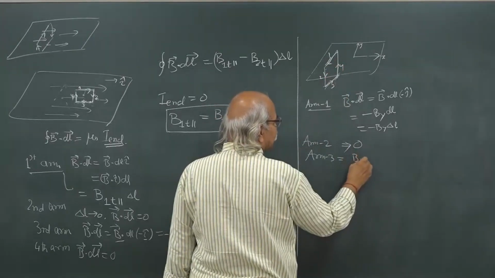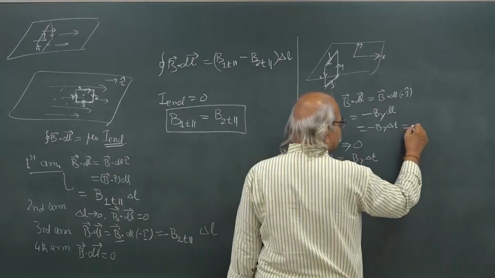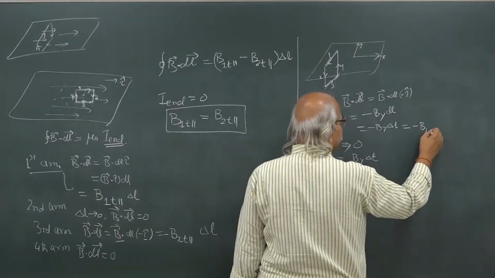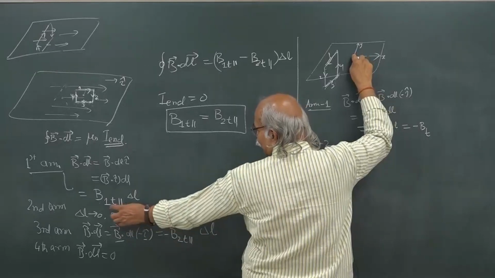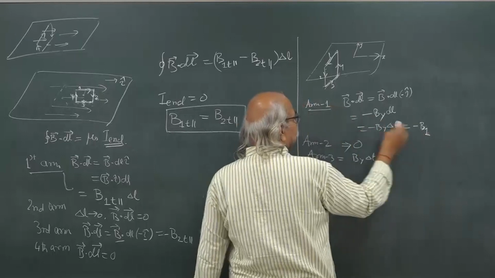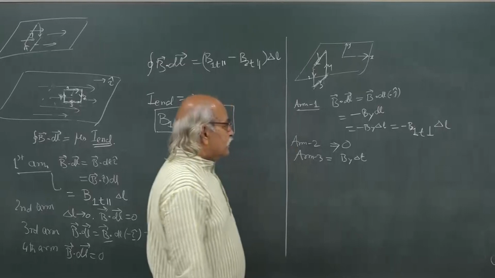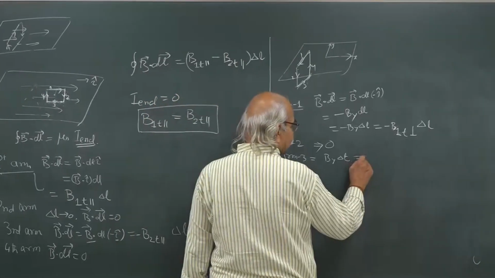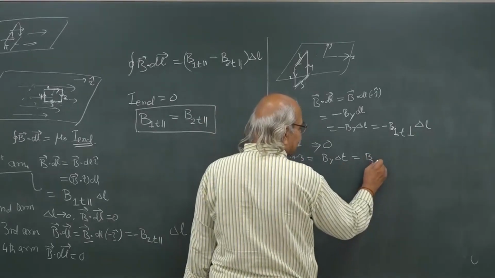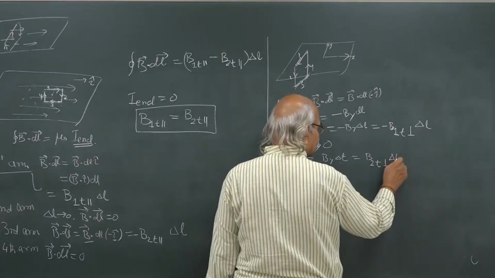So, it will be B_y times delta L, and this you can write as B_1t, tangential and perpendicular to this current, and similarly arm 3, below, you can write as B_2t tangential and perpendicular, delta L.